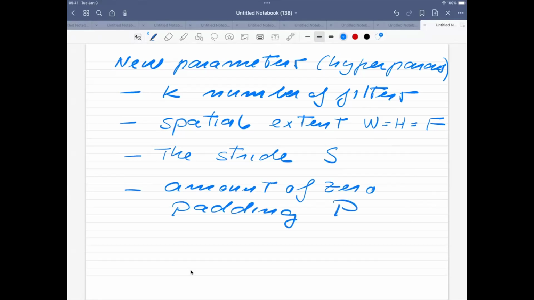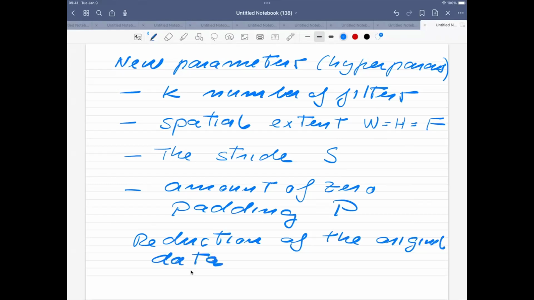So when we take a reduction of the original data, which has a width W1 and a height H1, what we get is the following.